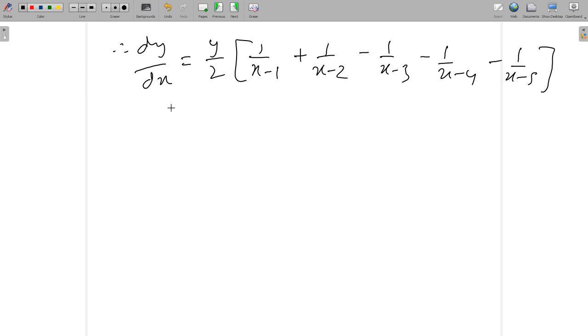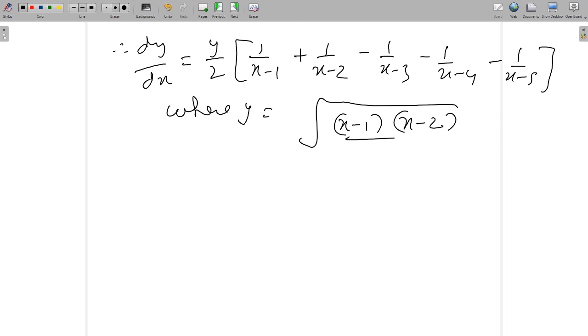Just simply write the value of y, where y equals the whole function as it is given to us, square root of (x minus 1) into (x minus 2) over (x minus 3) into (x minus 4) into (x minus 5).